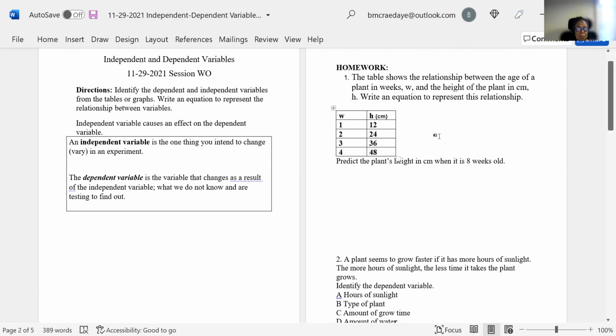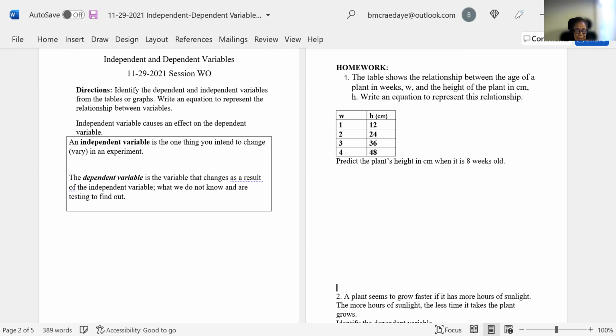Now, there's a relationship between the weeks and the height. What's the mathematical relationship between the weeks that the plant grows and the height that it grows? What's the relationship between W, age of the plant in weeks, and the height that it grows? In week 1, it grows 12 height.